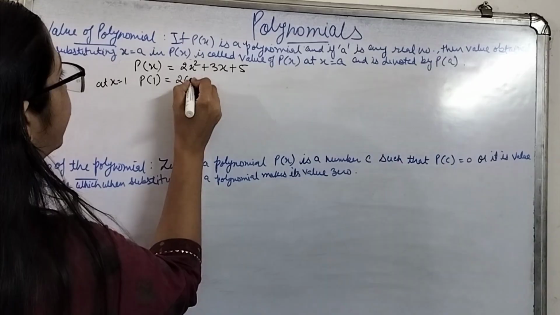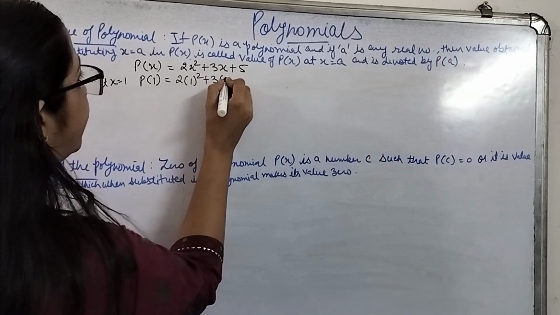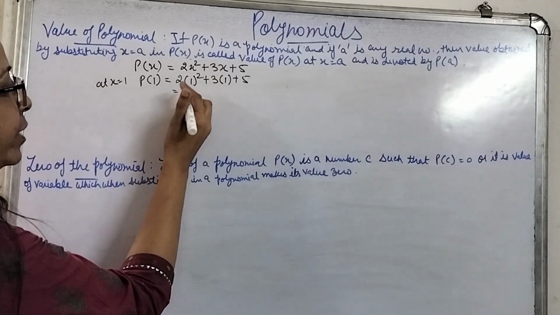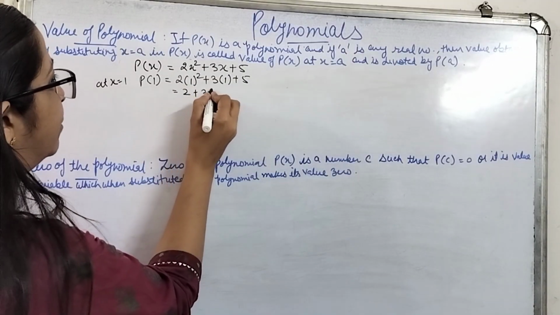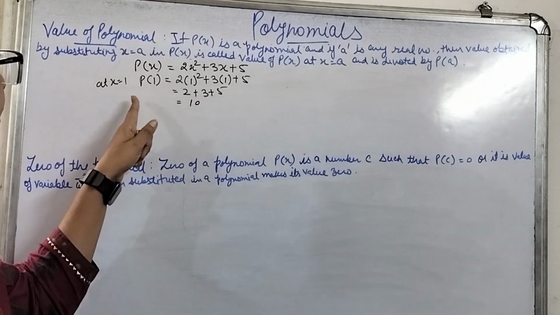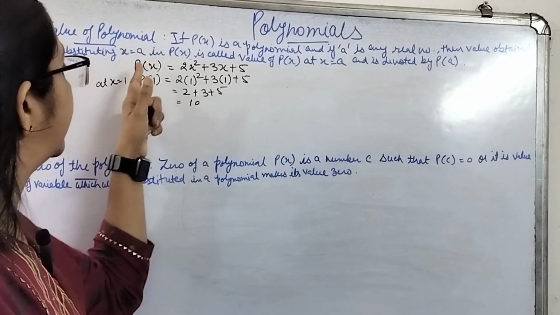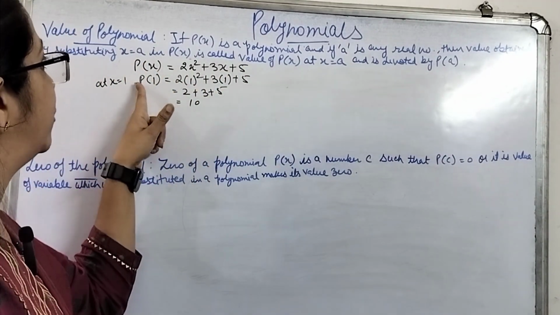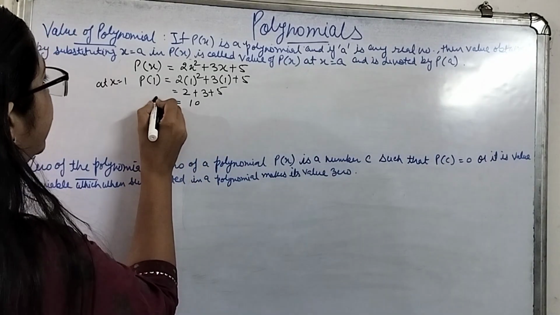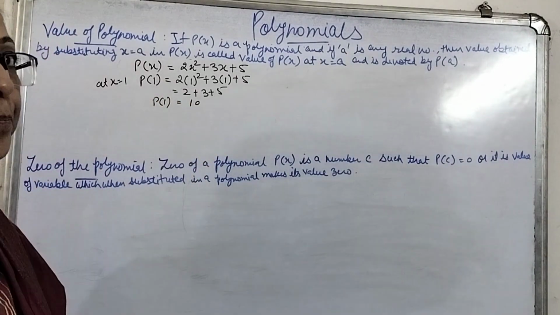So 2 multiplied by 1 square plus 3 multiplied by 1 plus 5. This will be 2 into 1 square, which is 1, so 2 plus 3 plus 5. 2 plus 3 is 5 and 5 plus 5 is 10. That means the value of this polynomial at x equivalent to 1, p(1), is 10. So we will say that p(1) is 10.